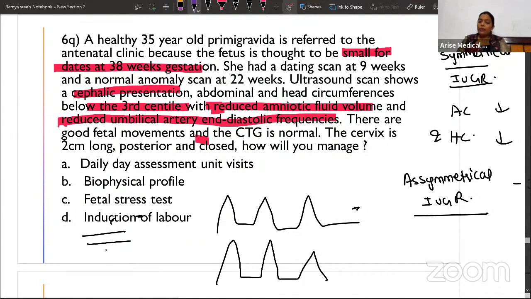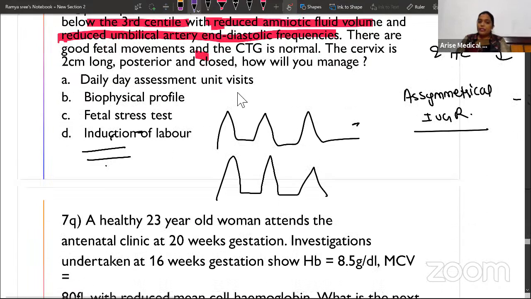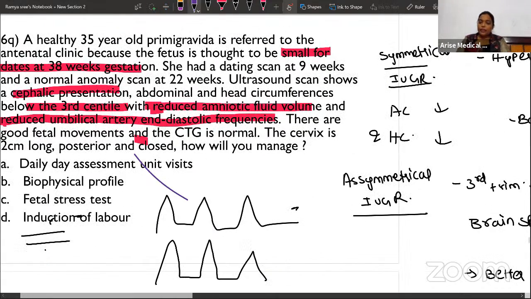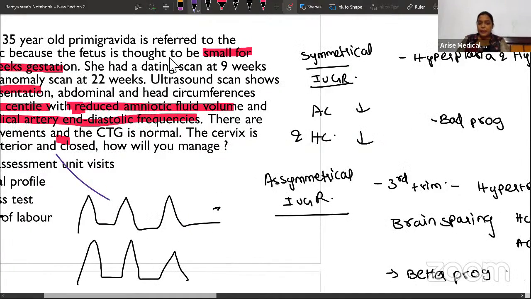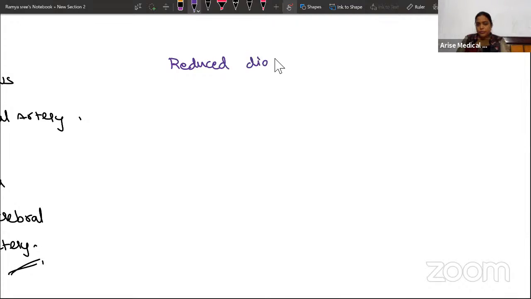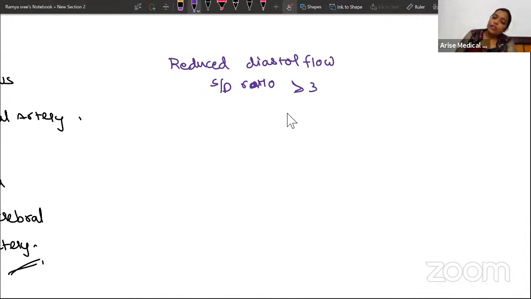How do you measure this reduced diastolic flow? It is by the systole by diastole ratio. When the S by D ratio is more than 3, it means it's a reduced diastolic flow.